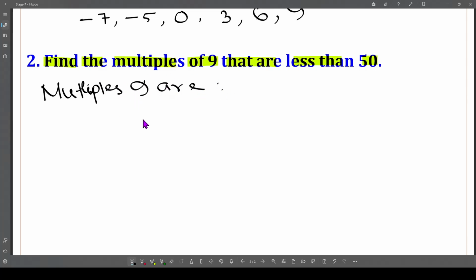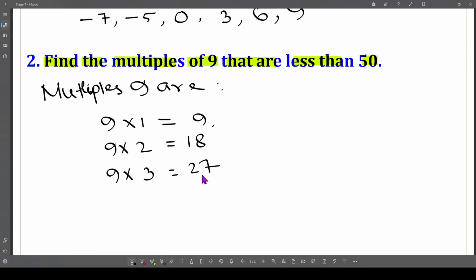We know the number table of 9. So 9 times 1 equals 9. Then 9 times 2 is 18. 9 times 3 is 27. 9 times 4 is 36. 9 times 5 is 45.